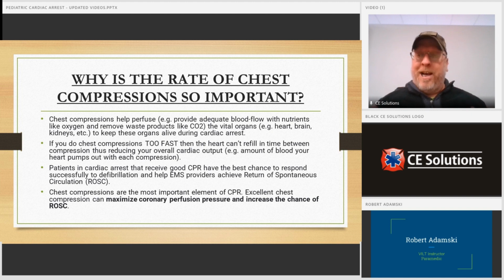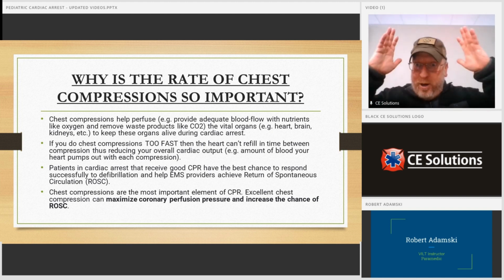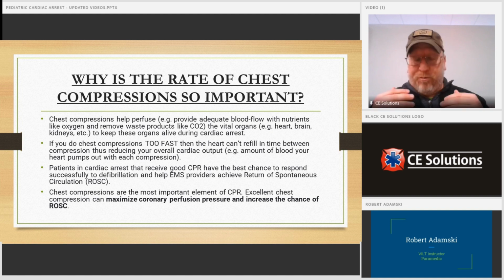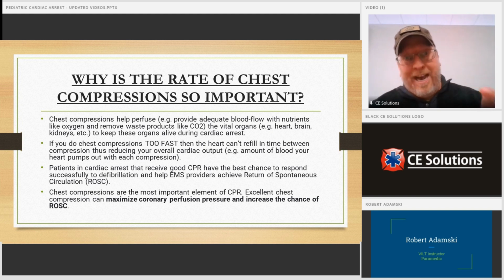And therefore, the chances of you getting the Holy Grail of CPR, actually getting ROSC, that return of spontaneous circulation, getting that pulse back, saving your patient, are going to dramatically and significantly decrease. That's why doing CPR properly and getting that rate of chest compressions is so important.